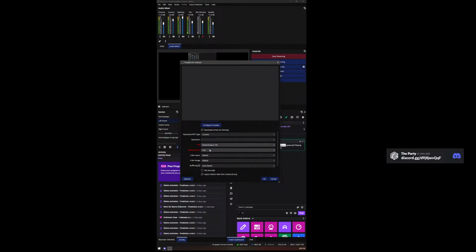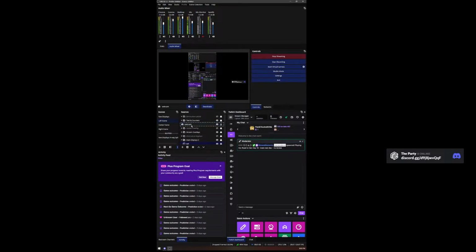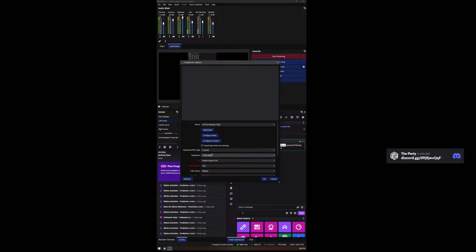Custom. Any. Oh, does this need to be set? Custom. Is that what they were looking for? No? 1920 1080 any. Default color space.